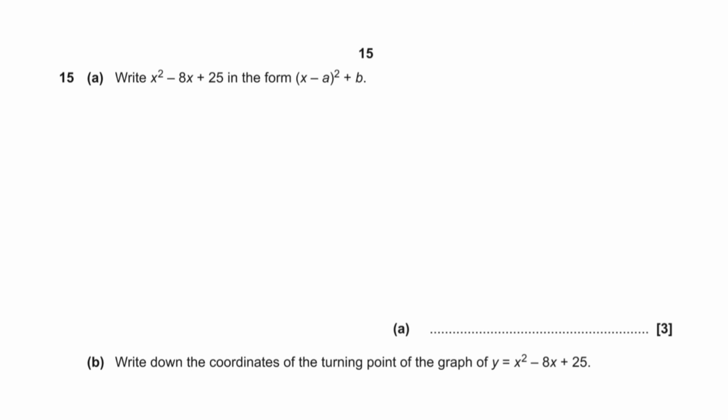Question number 15, part A, write x squared subtract 8x plus 25 in the form x subtract a all squared plus b. So, what this is equal to, well, what we'd have to do here is complete the square. So I'll have x subtract 4 squared subtract the square of 4 plus 25.